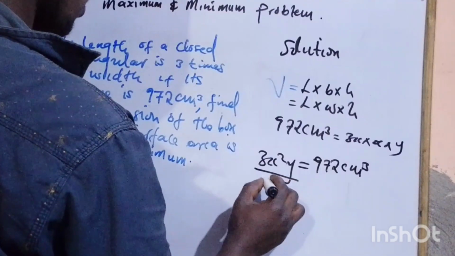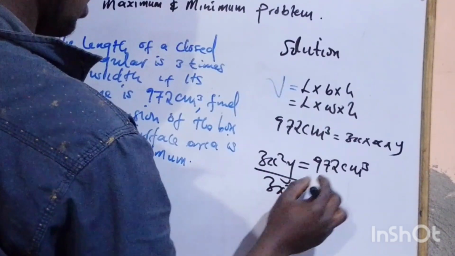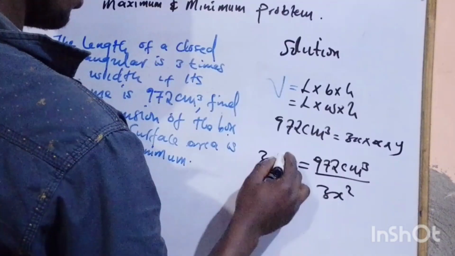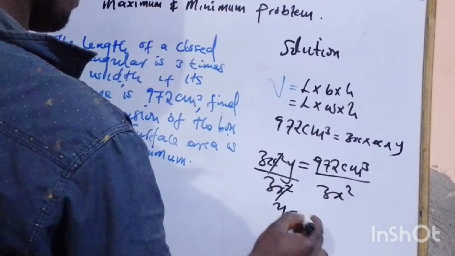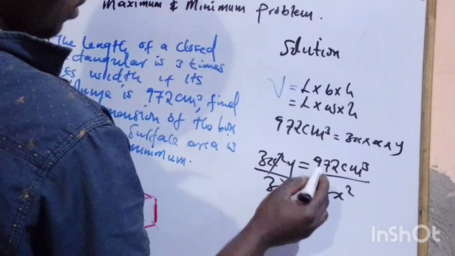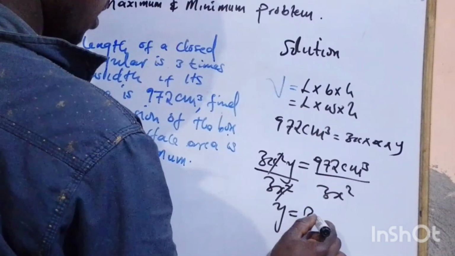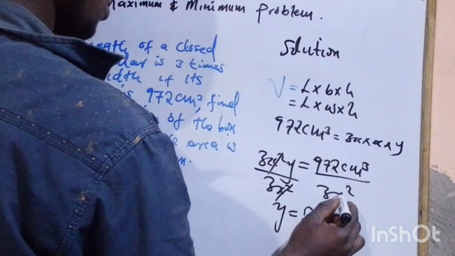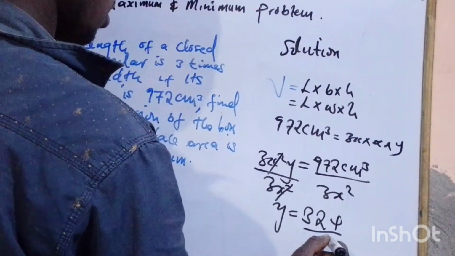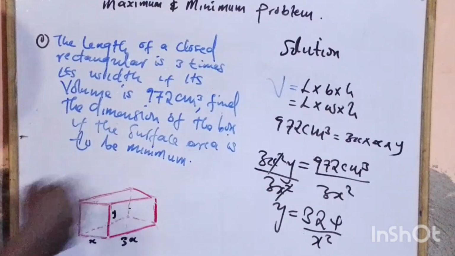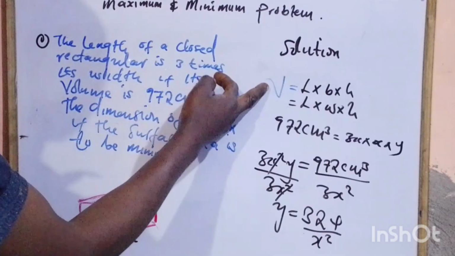Then you divide throughout by 3x squared, in which y will be equal to 972 divided by 3, which gives 324 over x squared. So this is the one equation which we have formed from the volume.